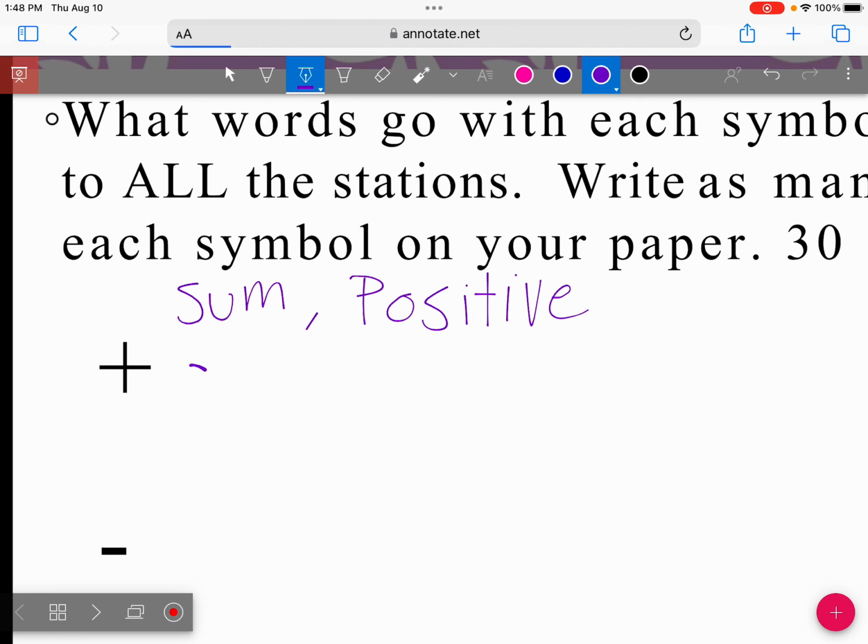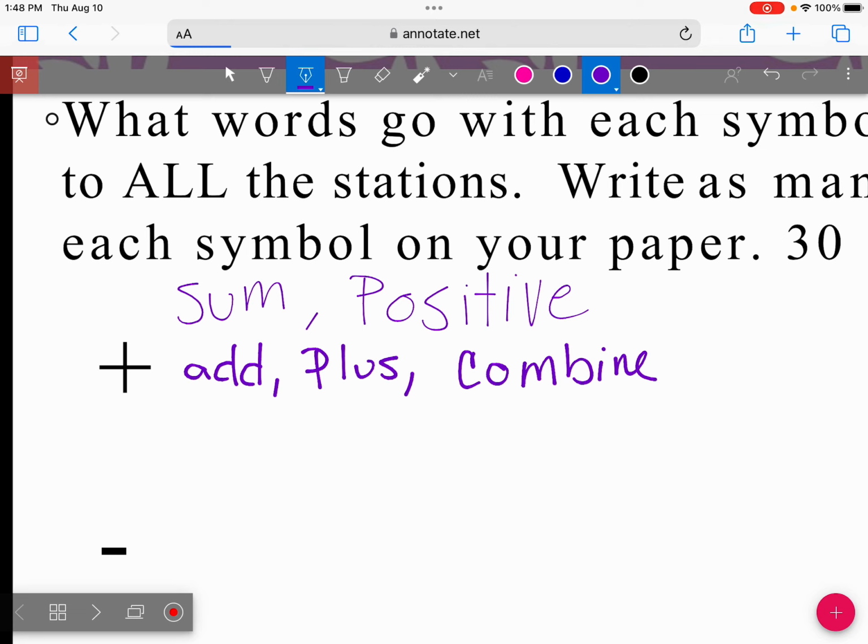And we had add, and we had plus, and addition. I'm going to put another one on here, combine, because I could combine 2 apples and 4 apples into a pile of 6 apples. So plus, sum, positive, add, those are all great words with that.